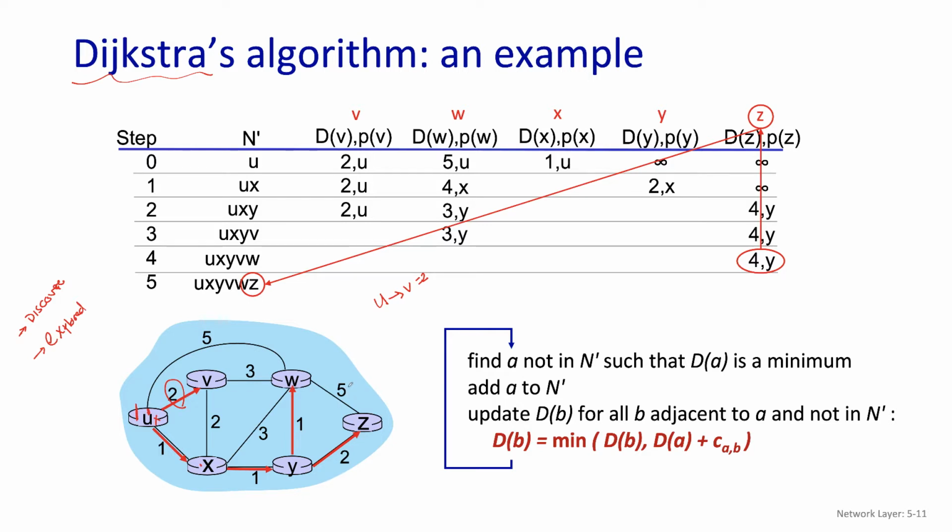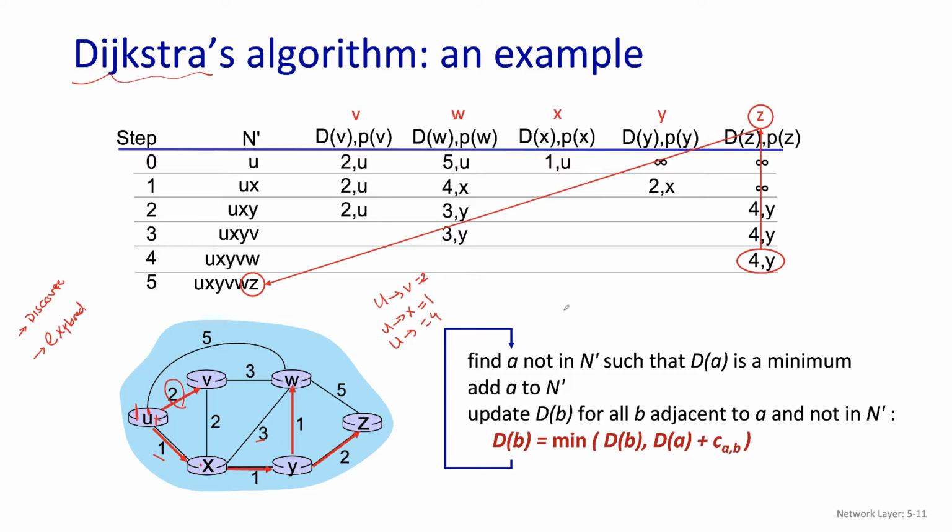Now, if you want to move to, let's say, X, you know that U to X is going to cost you 1. Now, if you wanted to move from U to W, you know it's going to cost you 1 and 3, which is 4.